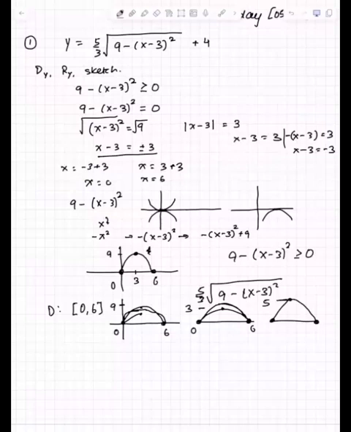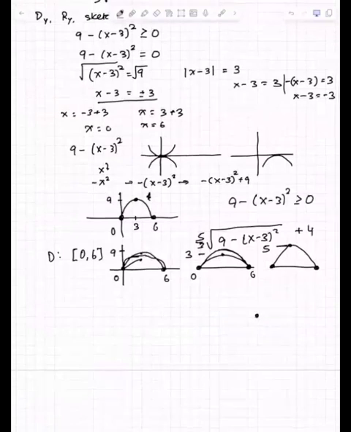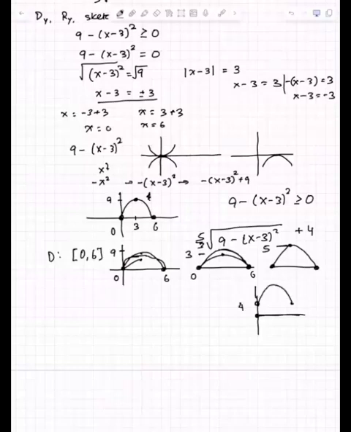And then finally, what we are doing to this whole thing is bumping it up by 4. So we end up here, on the x and y axis, we end up here at 4, 2, 6, 0. And the 5 will become 9. So we can see the range clearly is from 4 to 9.